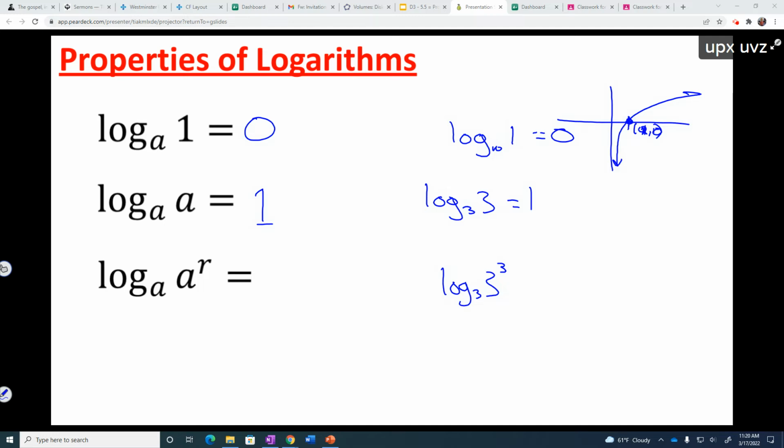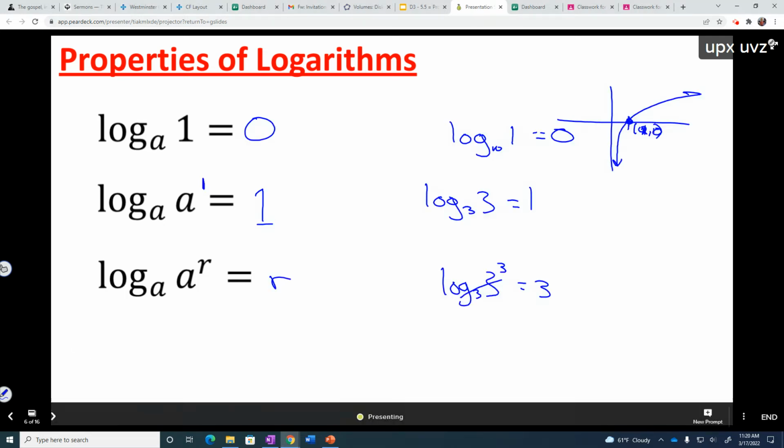Probably 3, right? These cancel, and you're left with just the 3. That just equals whatever the r is, whatever the exponent is. This one is actually really the same property. There's just an invisible 1 there, so these cancel into just the 1. Really the same property.